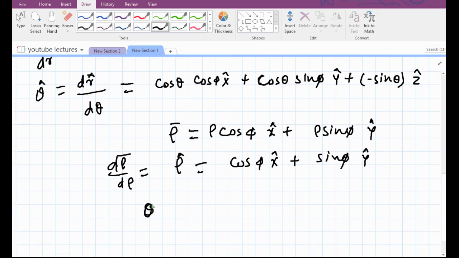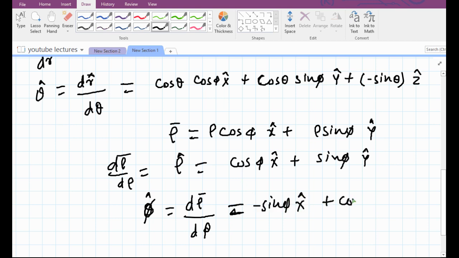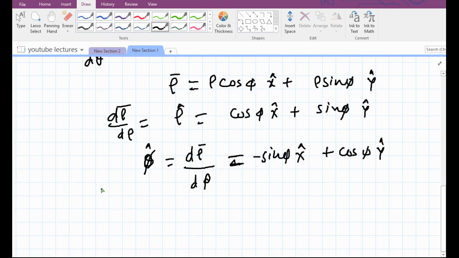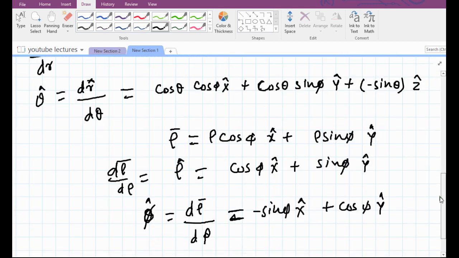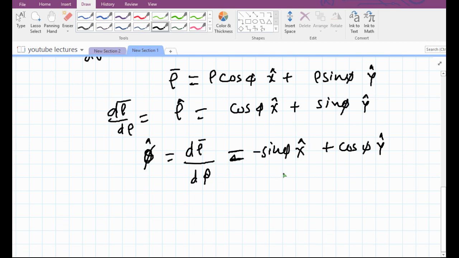Similarly, phi hat can be given by d rho vector over d phi, and this is going to give me minus sin phi x hat plus cos phi y hat. So I have a very beautiful result where I have figured out what my r hat, theta hat, and phi hat are.